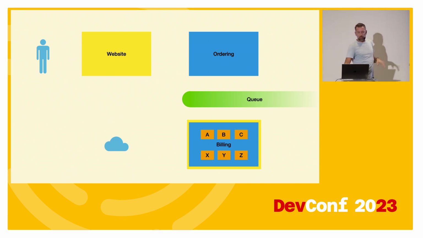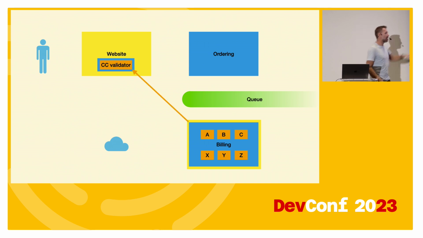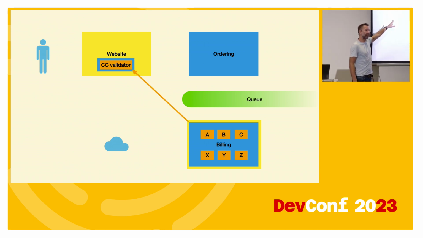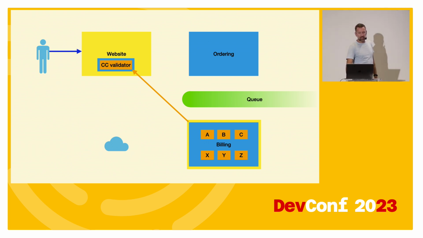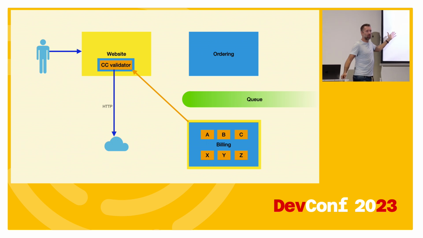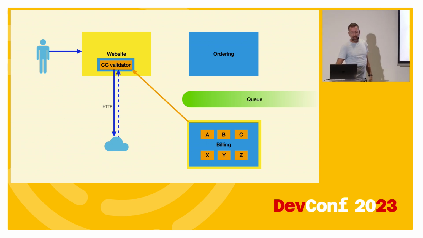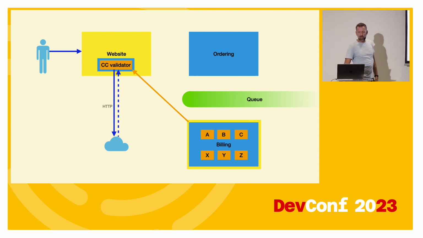What the billing service can also do is deploy a component into the website, right? A credit card validator. So when the user comes along and says, I want to order this thing, the credit card validator can make an HTTP call to Stripe or whatever this payment provider is. That can come back and say everything's okay. Now we want to put a message onto the queue, because we know that the thing can be paid for.